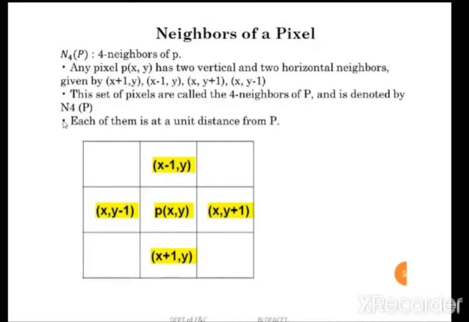And now their distance from the pixel P is equal to 1. They have unit distance from the point P. Okay. So this is about 4 neighbors of the pixel P. Remember, the 2 vertical and horizontal neighbors of the pixel, which is at location X, Y, are called as 4 neighbors of the pixel.